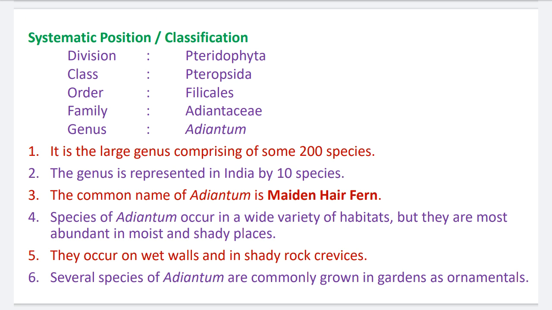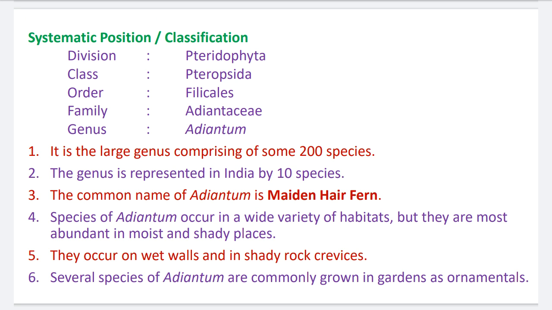Number 4, species of Adiantum occur in a variety of habitats, but they are most abundant in moist and shady places. Number 5, they occur on wet walls, meaning moist walls, and shady rock crevices.